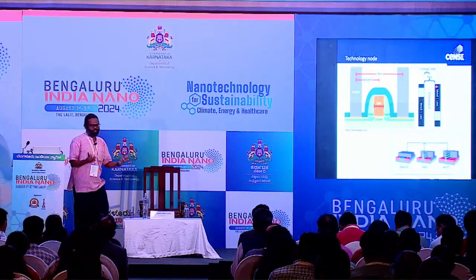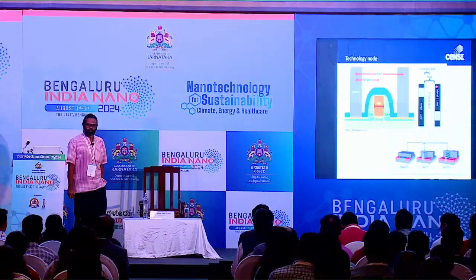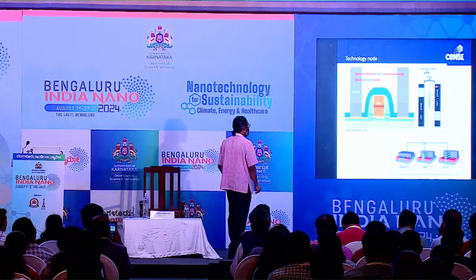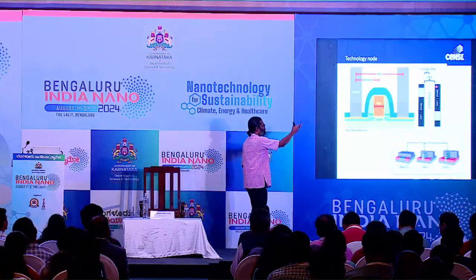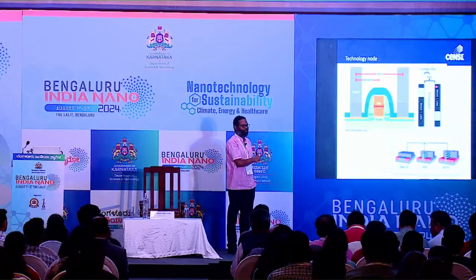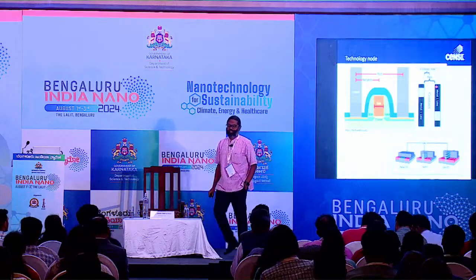So this transistor node, this is the typical term that we use, right? What do we mean by transistor node? Basically the transistor node is defined as the size of the gate, right? So you see that orange one at the center, that is the gate, okay?